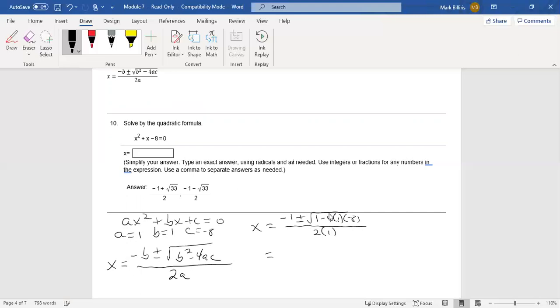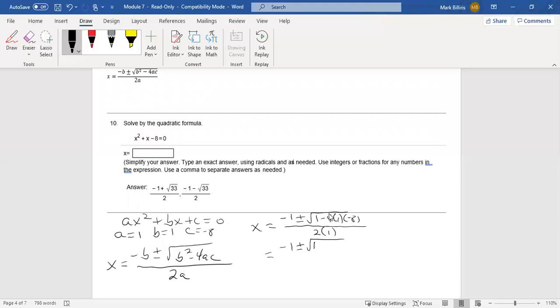Now we simplify. Negative 1 plus or minus the square root of 1. Now when we're doing this part underneath the radical sign, the way I do it is I start with saying negative 4 times 1, which is negative 4. That answer times negative 8.